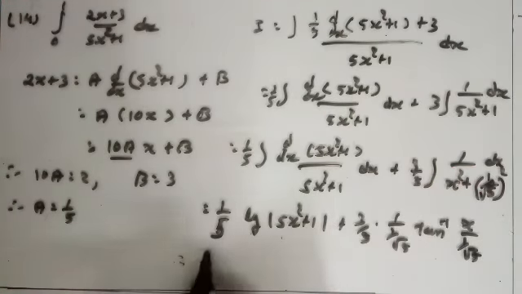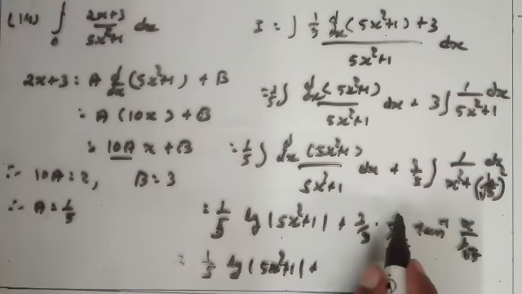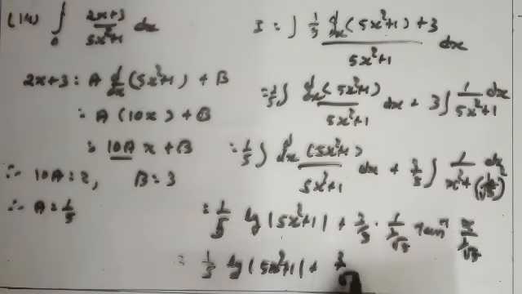Now simplify this: 1 upon 5 log mod (5x² + 1) plus 3 upon root 5 tan inverse root 5 x.